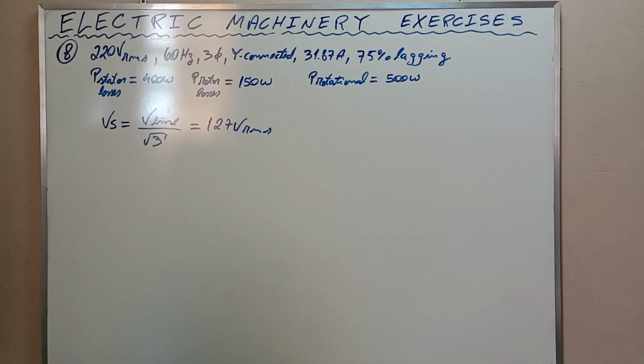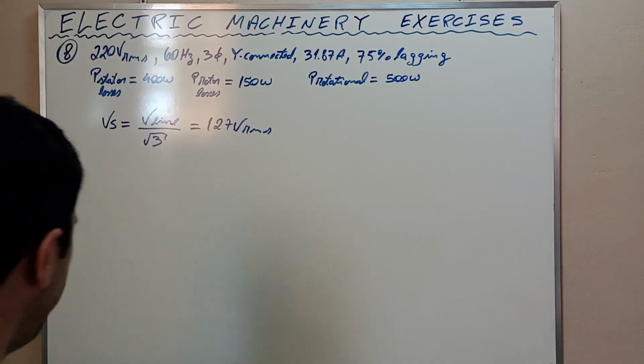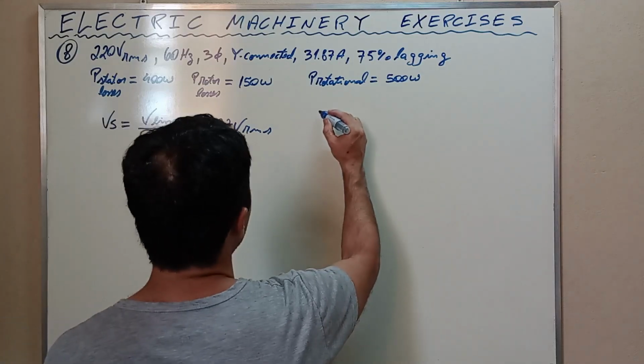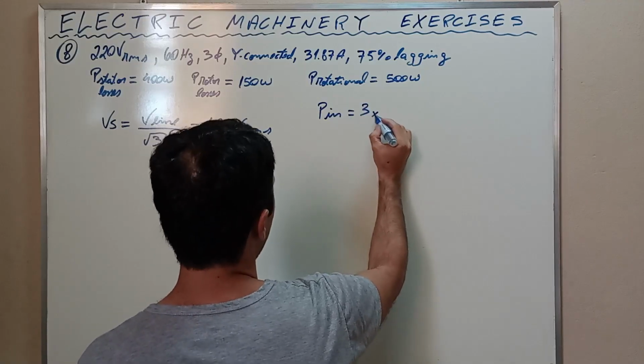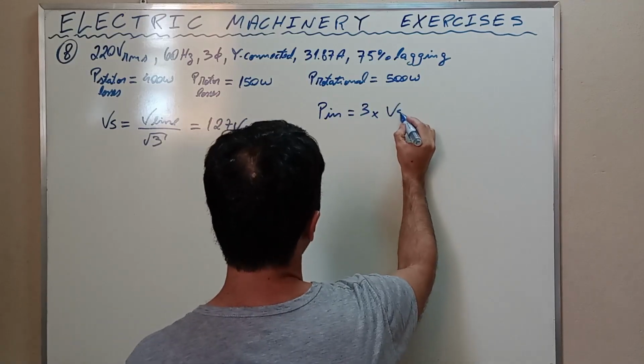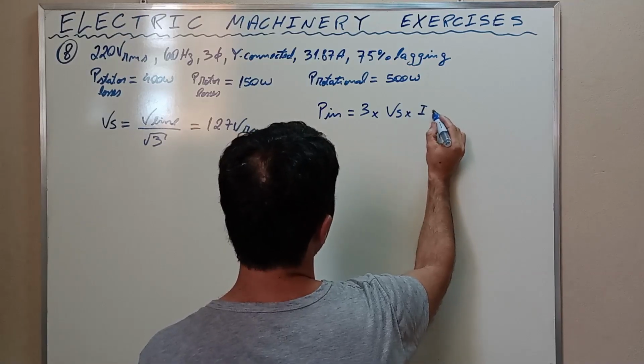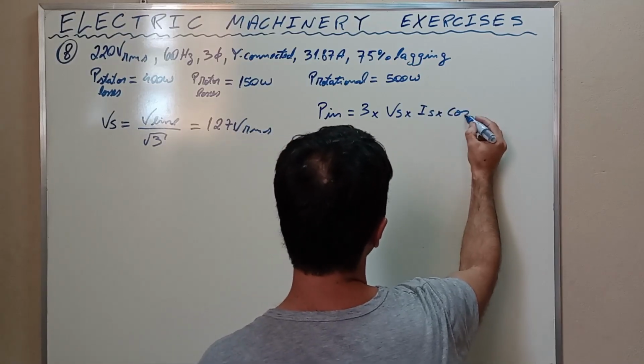Next we find the input power. We have everything to find the input power. The input power is equal to 3 times the phase voltage times the phase current times the cosine of the angle.